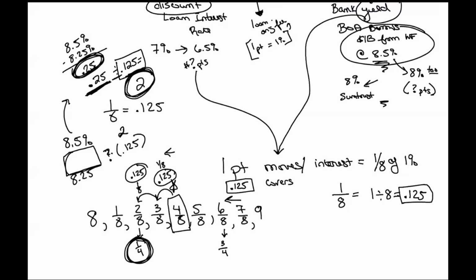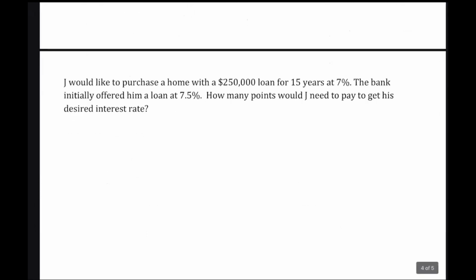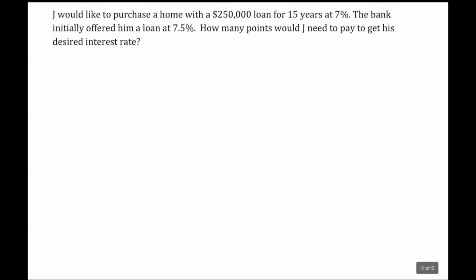All right, so let's try a problem. Jay would like to purchase a home with a $250,000 loan for 15 years at 7%. The bank initially offered him a loan at 7.5%. How many points would Jay need to pay to get his desired interest rate?